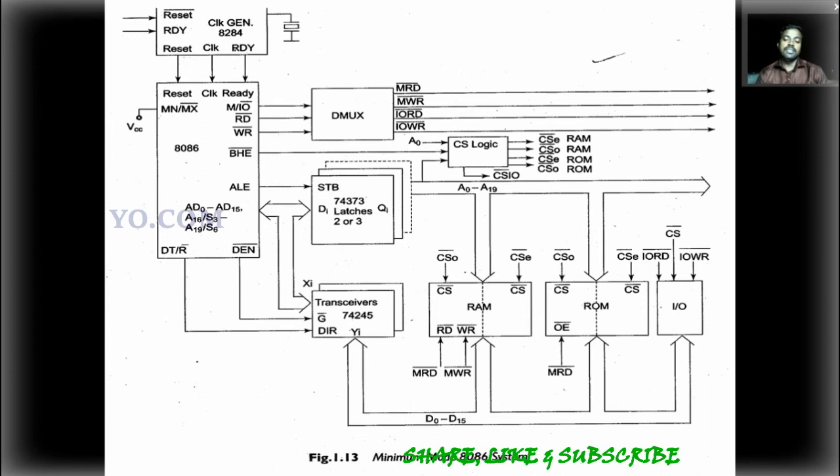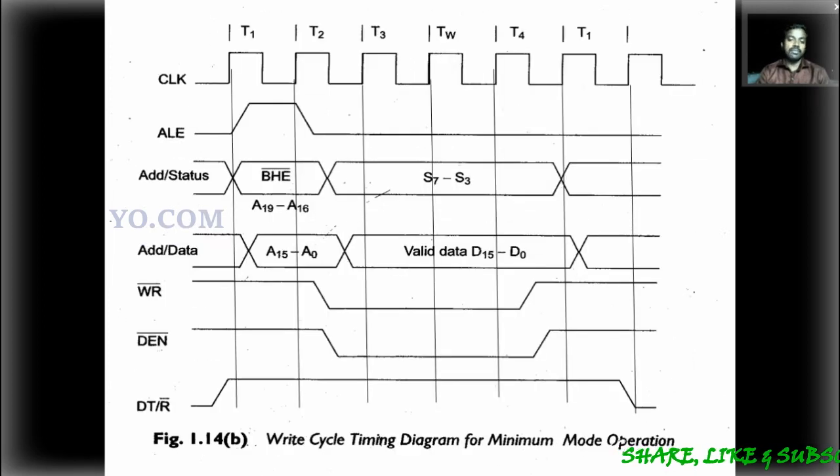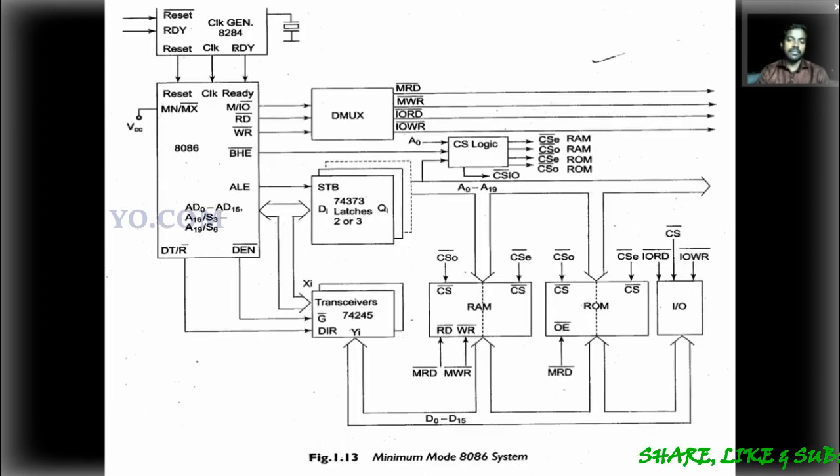Instead of RAM, ROM, IO, we can connect any other chip. Just rename the RAM, ROM, IO and write the name of the particular chip in your question. For example, to connect a DMA controller, you have to replace the RAM with the DMA controller, and you can add some control signals differently. Likewise, you can develop a new system according to our requirement.